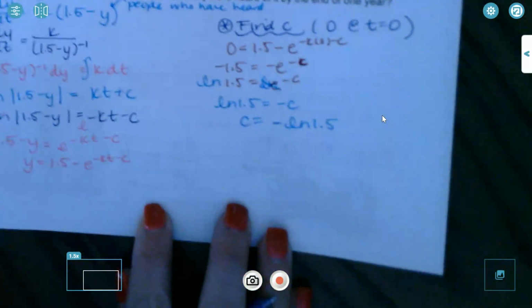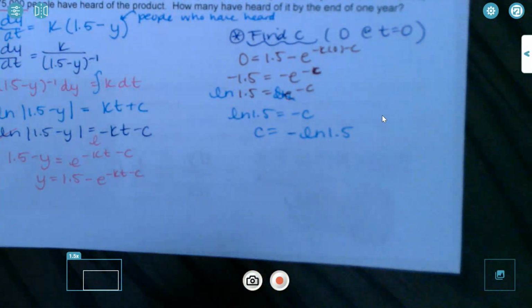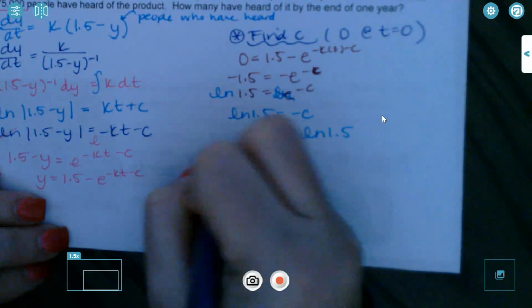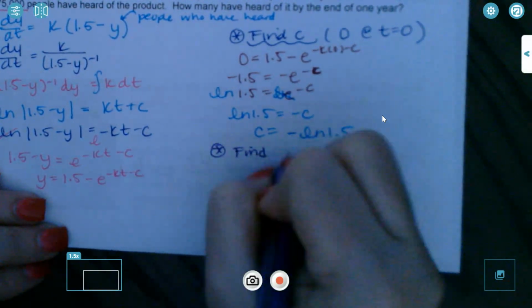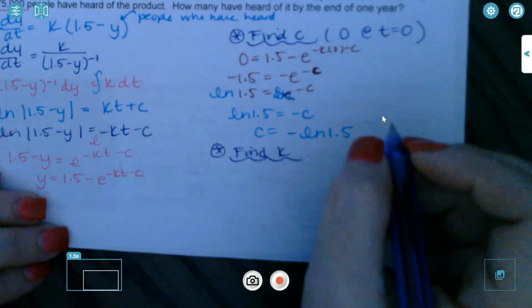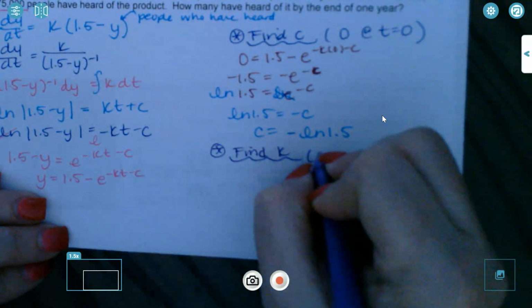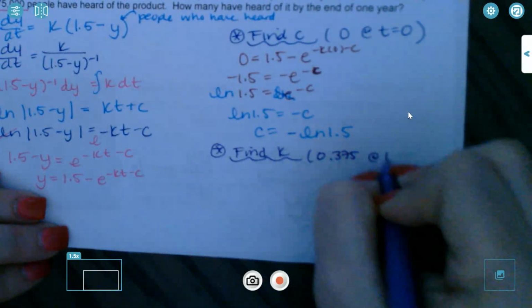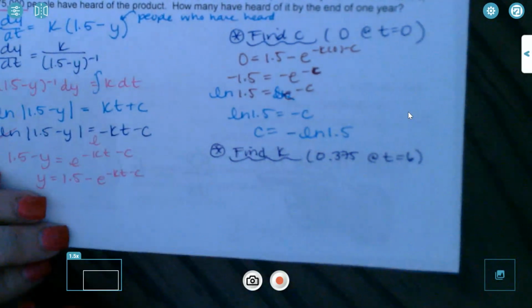Continue on, and we're going to find k. We're going to use that y is 0.375 at t equals 6.